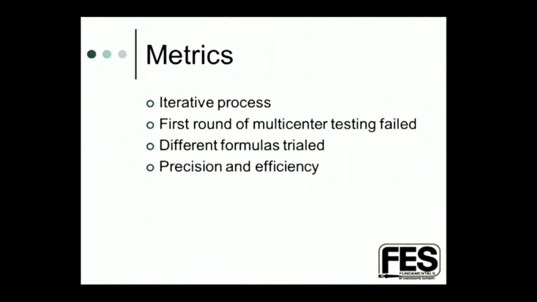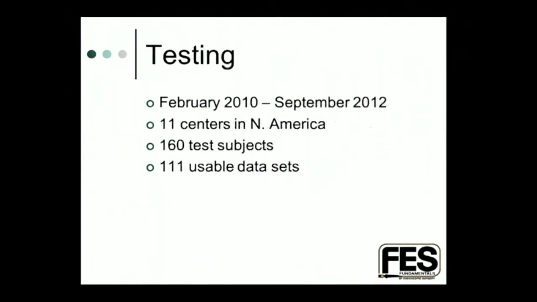And actually, in the first round of multicenter testing, that module did not perform at an acceptable level, had to be redesigned, and then we went out to, again, do a multicenter test to confirm the science. Different formulas were trialed to ensure that we were collecting the appropriate metrics, and all of these modules, I should say, have elements of proficiency, precision and efficiency built into them.